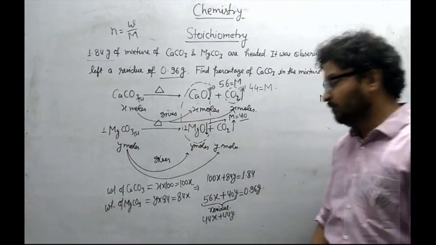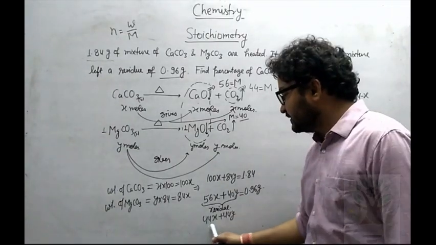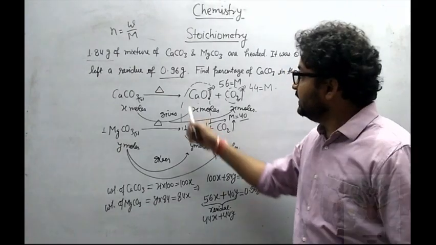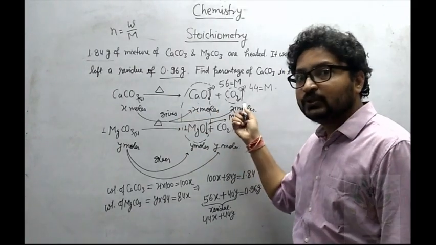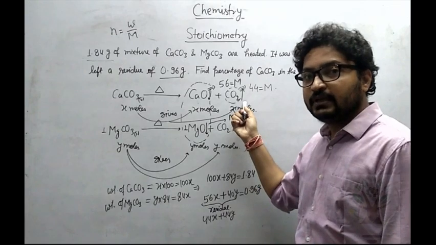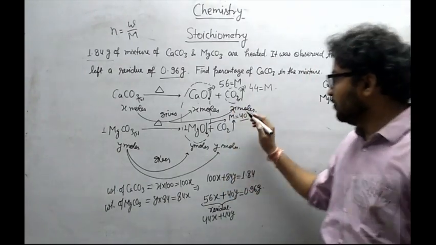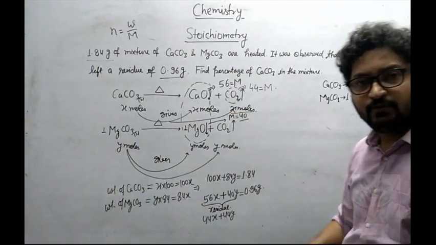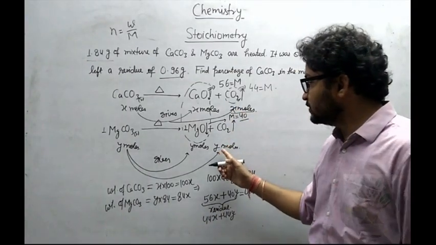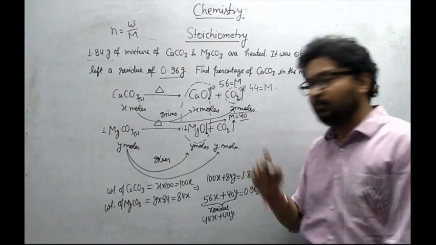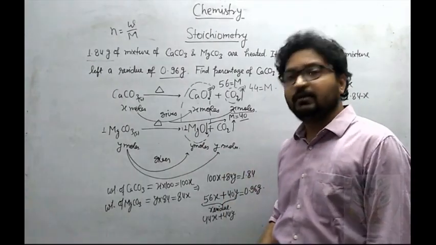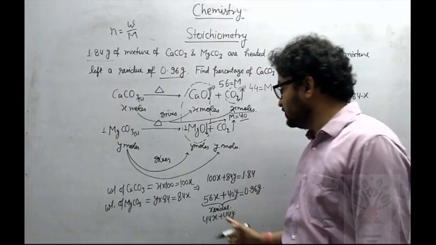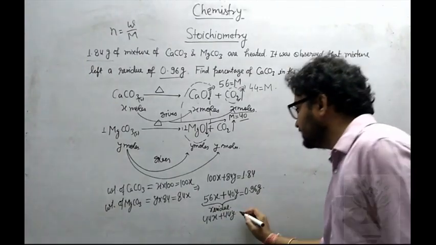So 44x is the weight of CO2 produced by CaCO3. How many moles of CO2 was produced? x moles. What will be the weight of x moles? 44 into x. Now, how many moles of CO2 were produced by MgCO3? y moles. So the weight of CO2 produced by MgCO3 will be 44y.